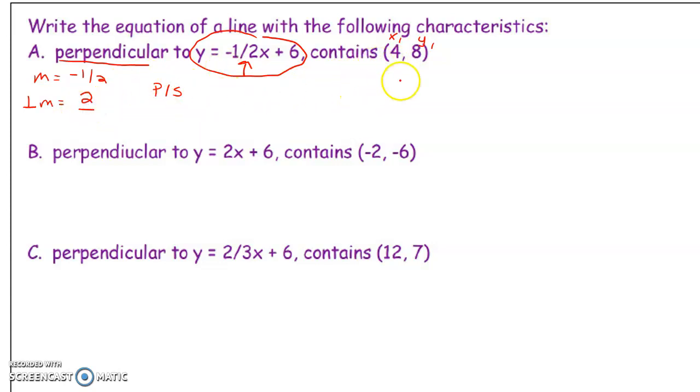I'm going to start with y minus my y1 equals the slope that I need times x minus x1. I will simply distribute. Add 8 to both sides. And now I am in slope-intercept form.